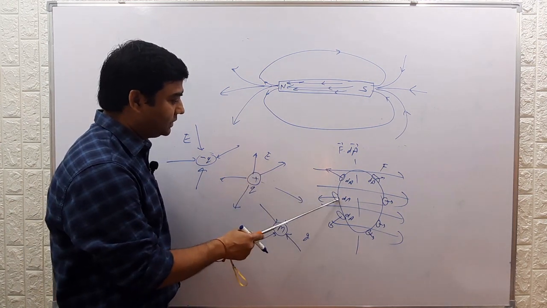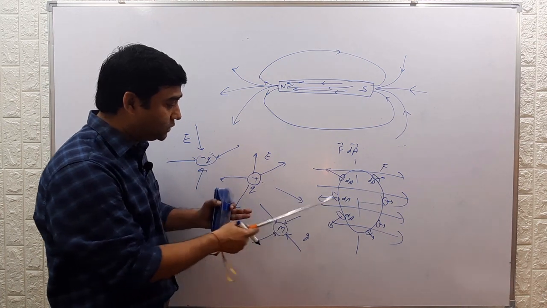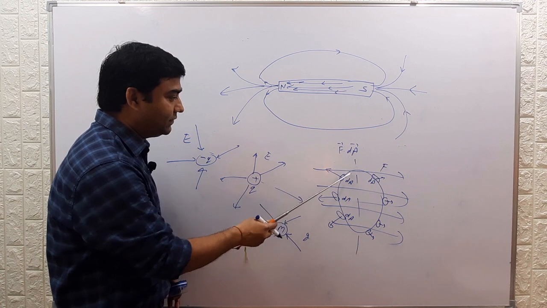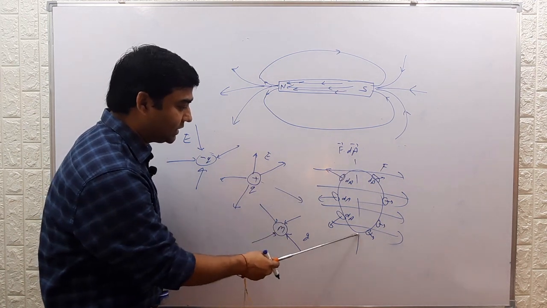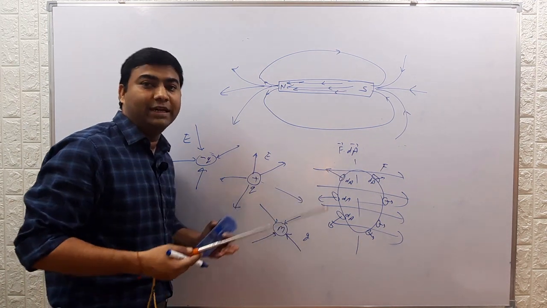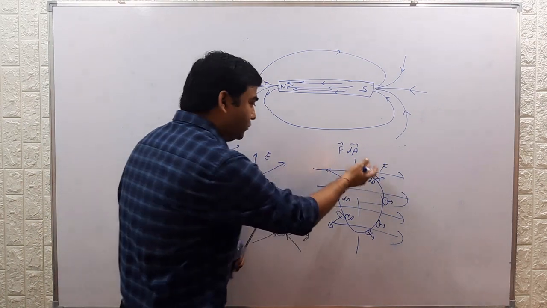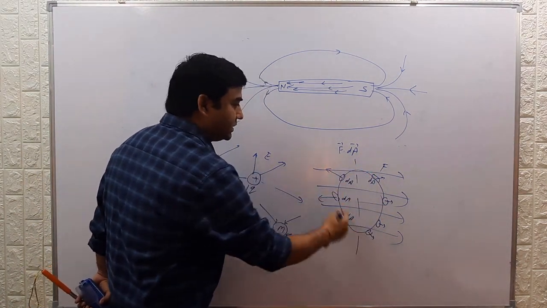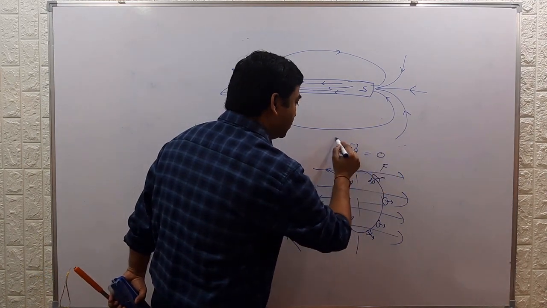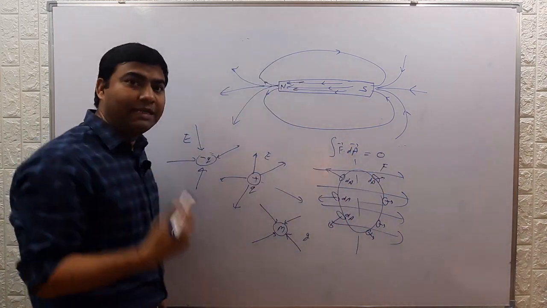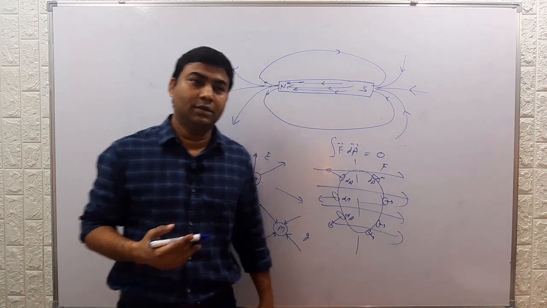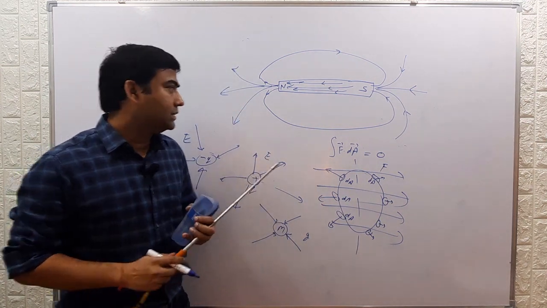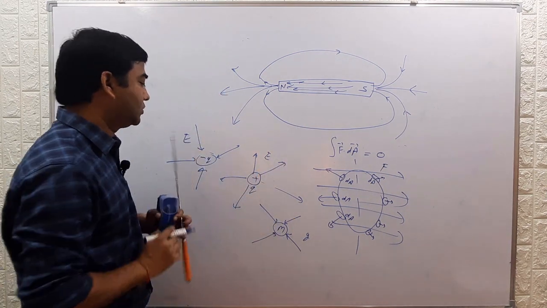Here it will be in this direction, that is opposite to the existing field. So here F dot dA will be negative. When you add the total flux F dot dA through the Gaussian surface, you will get 0. For any continuous field, if you imagine a Gaussian surface, the net flux will be 0. That is the property of magnetic field also.